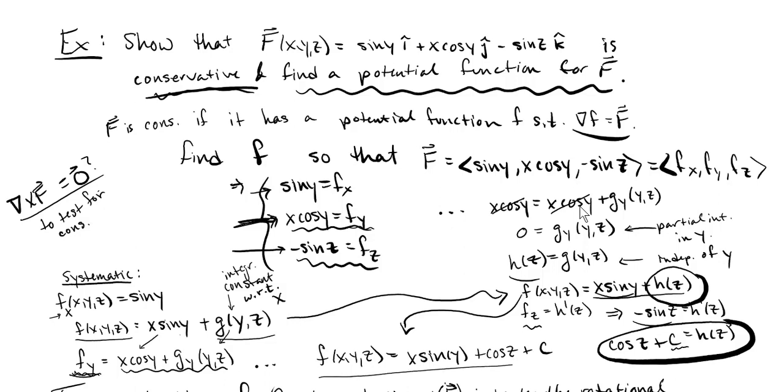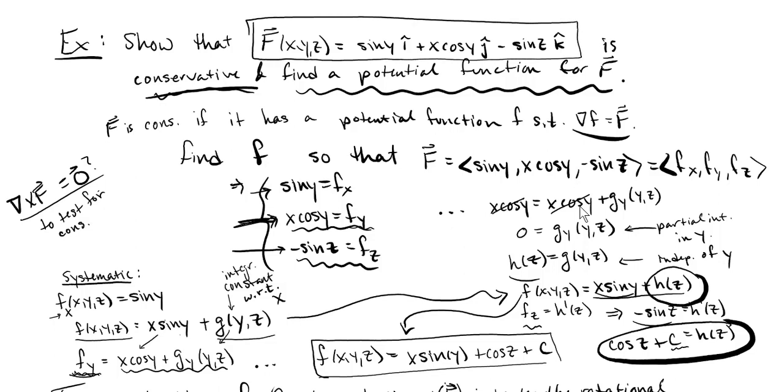And this is a potential function for this field capital F up here, no matter the value of c that we choose, no matter the number we tack on there. Remember, we said this is kind of like an antiderivative of this field, right? The potential function is like an antiderivative in a way. We're going to get that plus a constant there.